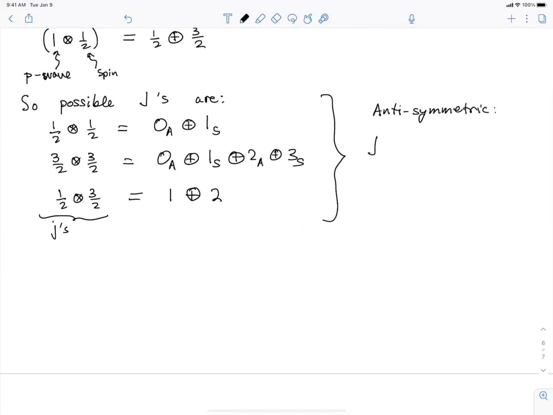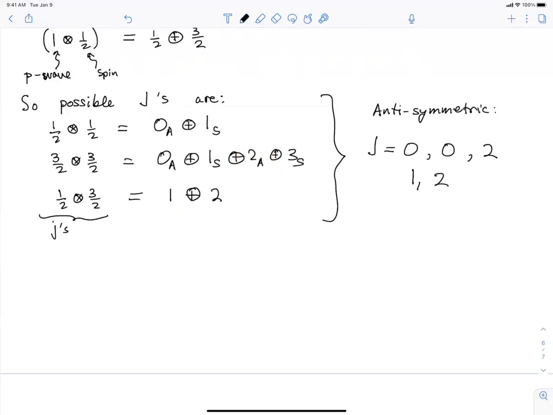I can have J be 0 from this one, or 0 from this one, and that counts separately because it's a different state. Or it can be 2 from here. Or it can be either one of those two, because I can make one anti-symmetric and one symmetric combination out of each one of them. So I'm going to get 1 and 2. Those are all the possible J's we can have.